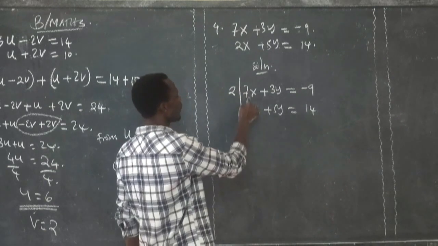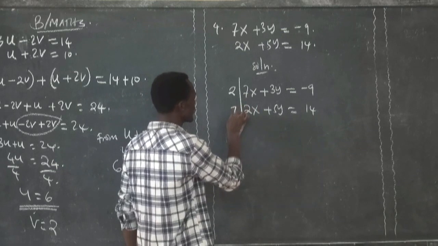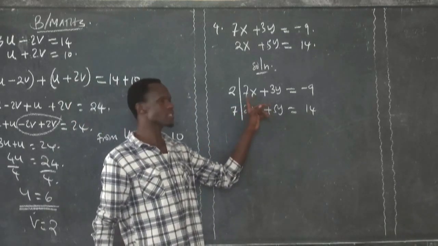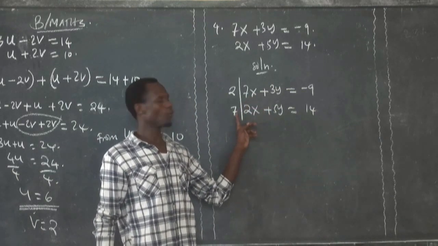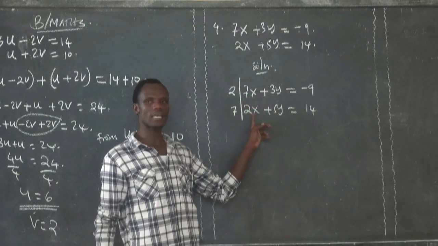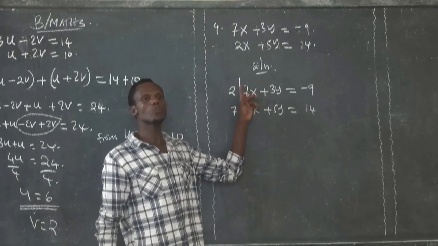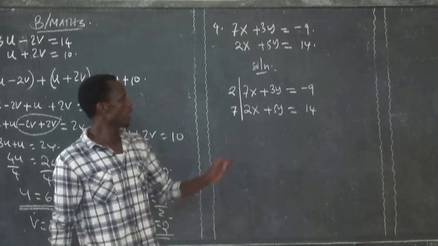And the coefficient of x in the first equation is written to the second equation. Unabadilisha. Hapa coefficient ya x ni 7. Unaiandika hapa chini. Coefficient of x ya second equation ni mbili. Unaiandika hapa juu. You interchange the coefficients of the letters.